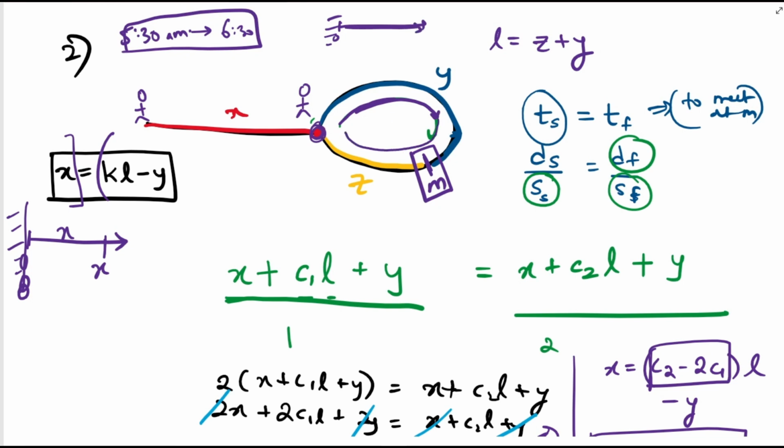But then after traveling the whole L distance, you're again coming back to zero, correct? So the effective distance that you are actually traveling is zero only, right? What I will do is rewrite the right hand side as (K minus 1)L plus L minus y.